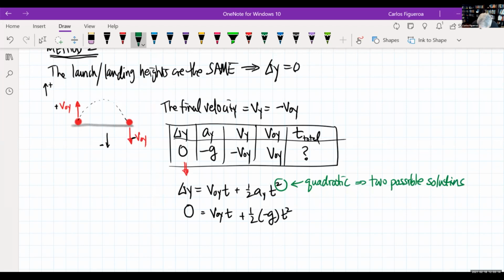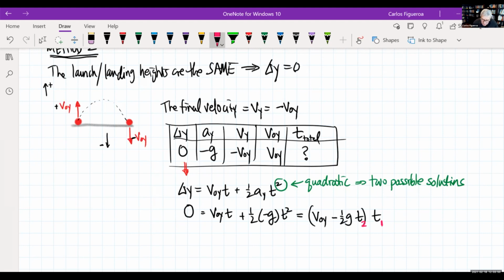With this one, you can actually see these 2 solutions if you factor out a t. And what you're finding here is that you get v initial y minus 1/2 g t, times t. And what you're seeing here, believe it or not, is that there are 2 t values right here. I'm going to call this one t1. I'm going to call that one t2.